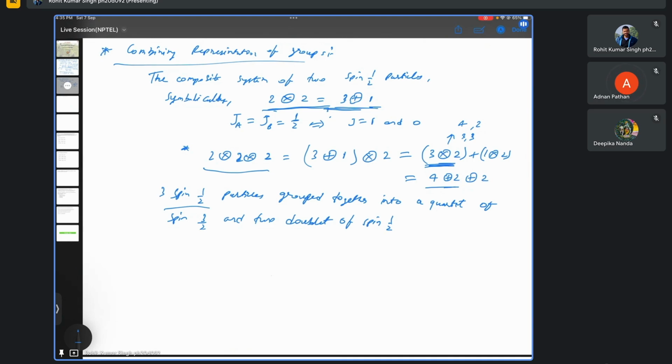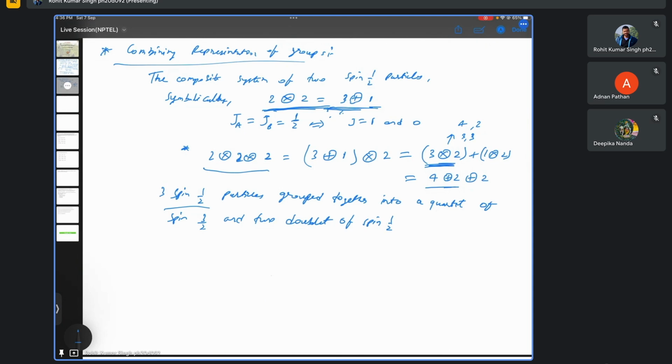Yes, sir. No, but that is not true. You can get anything. For example, when you group together two spin half particles, you get one with spin one and one with spin zero. So a triplet and a singlet. So that is not true.